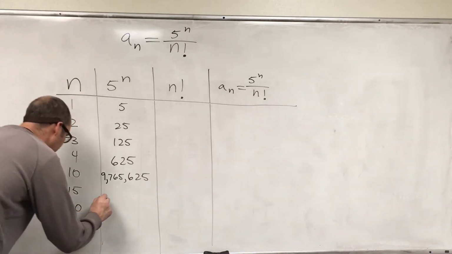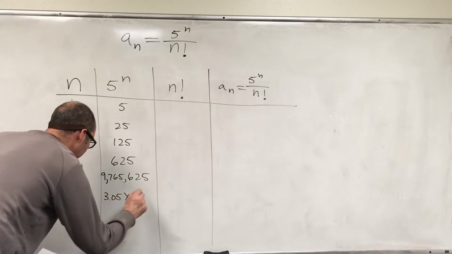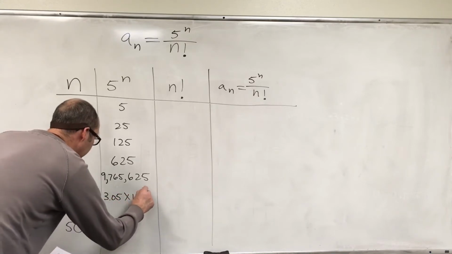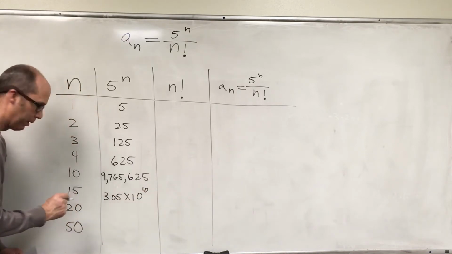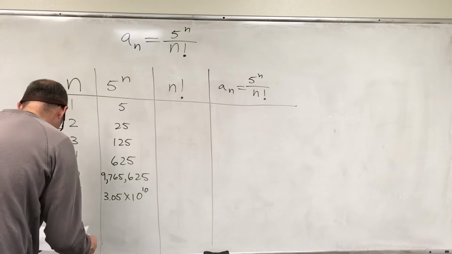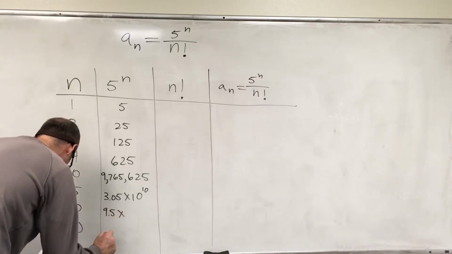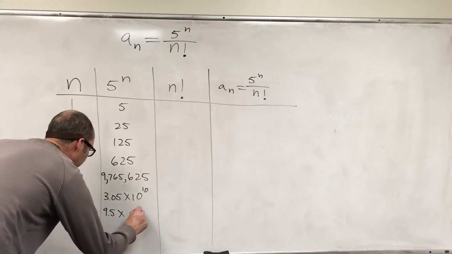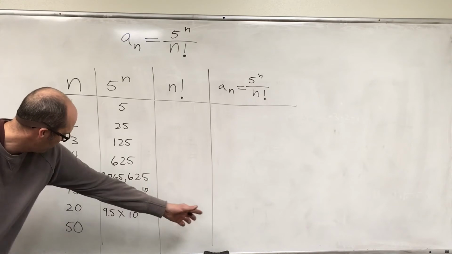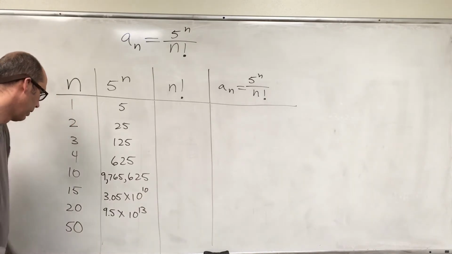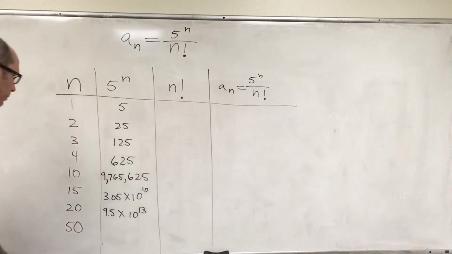These numbers start to get pretty big. We got 3.05 times 10 to the 10. That means moving this over 10 decimal places, it's a pretty big number. At 20, we got 9.5 times 10 to the 13. So move that decimal over 13 times. That's 95 with 12 zeros after it.